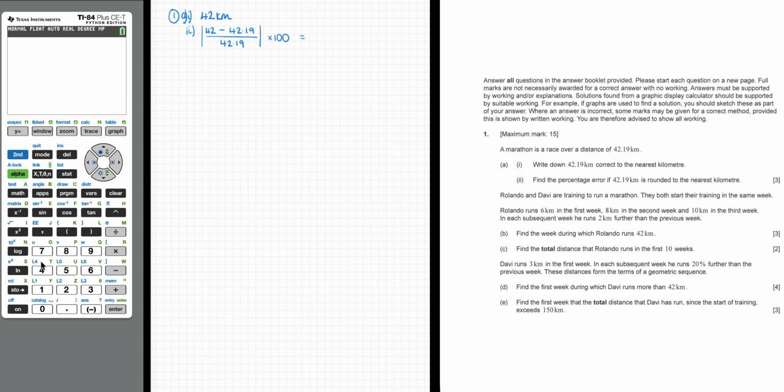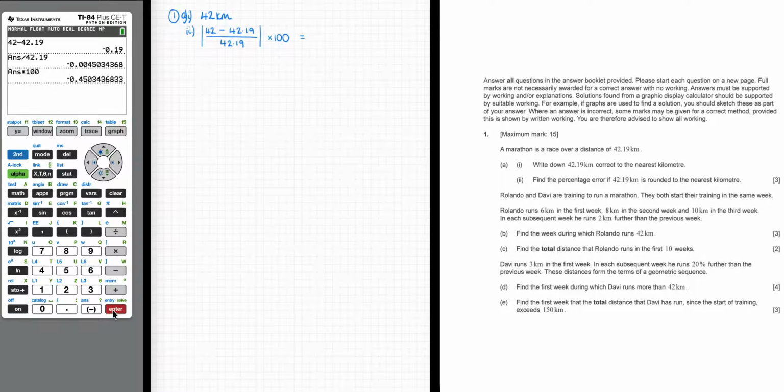So we can do that on our calculator. We can do 42 minus 42.19. That answer is divided by 42.19, and we want to take the positive value there, and we're going to times it by 100. And we can see there that the answer is 0.45%.